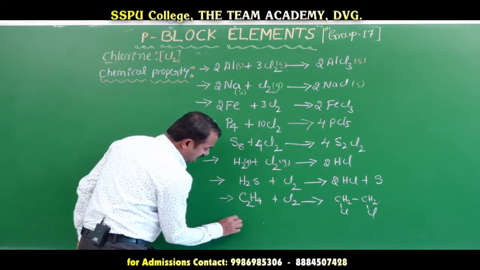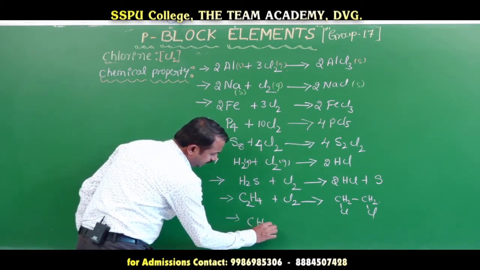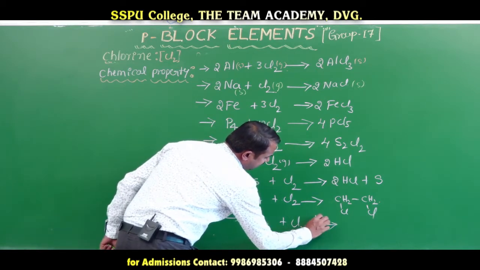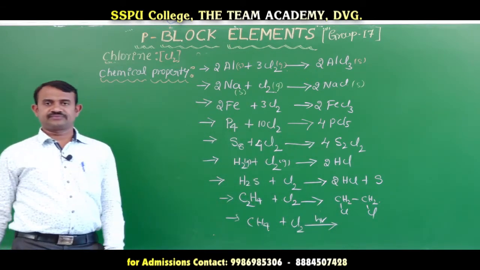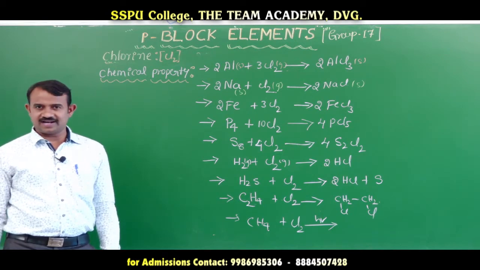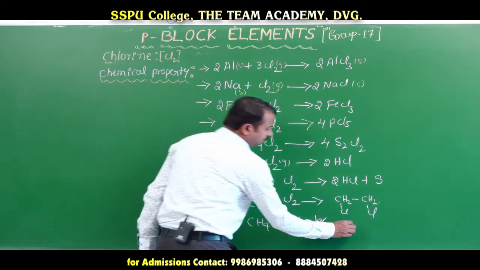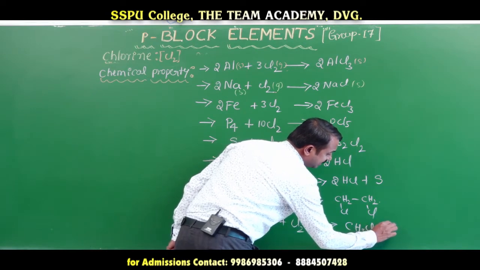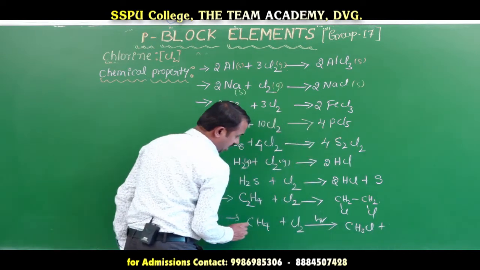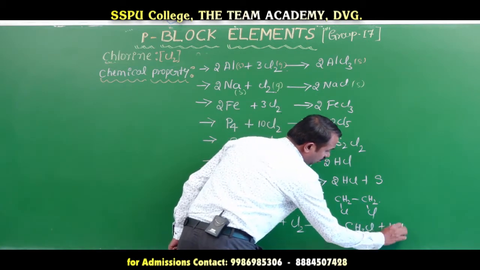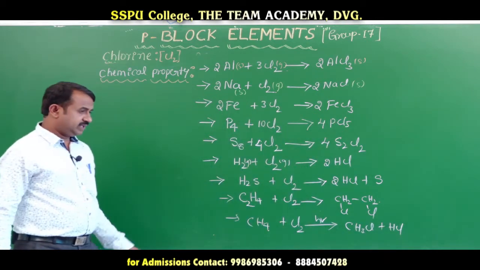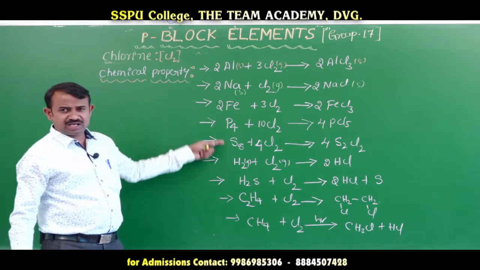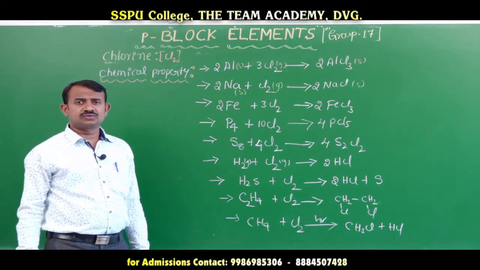And organic compounds like methane react with chlorine in presence of sunlight to form methyl chloride plus hydrochloric acid. These are all the chemical properties of chlorine.